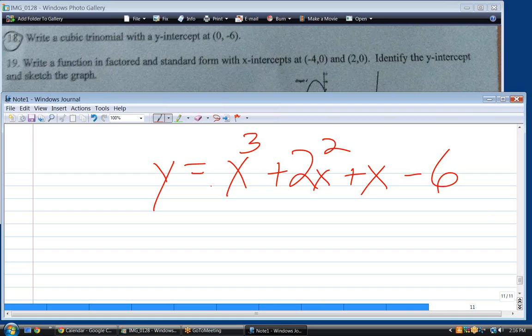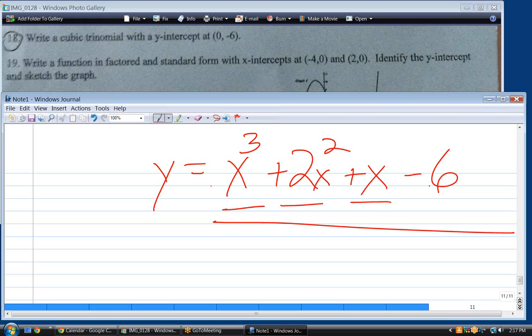Notice that if you have a cubic trinomial, which is what this is, the y-intercept is always the constant. Why is that? Because the y-intercept is where x is equal to 0. Well, if I plug in x equals 0, all three of these terms disappear.